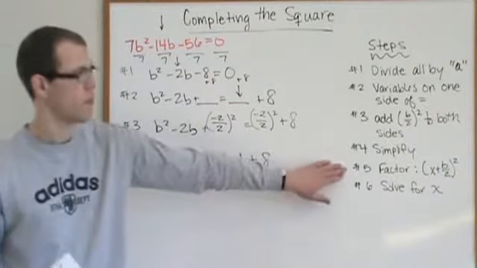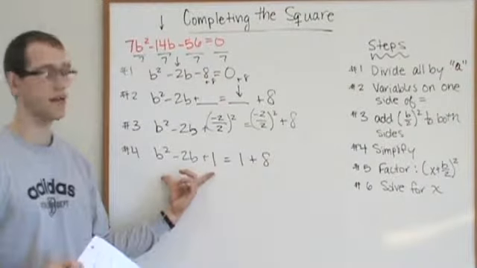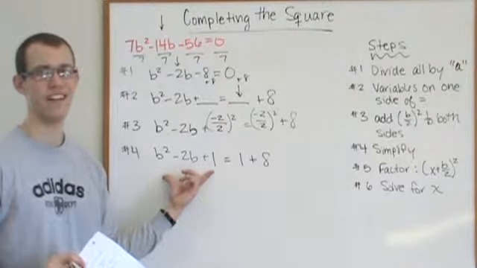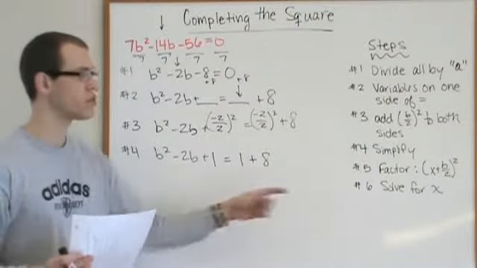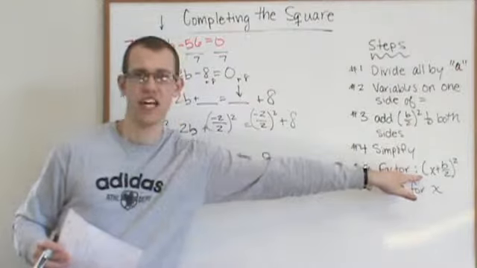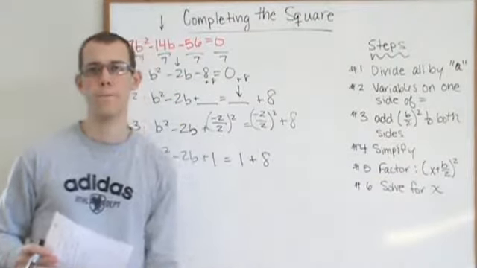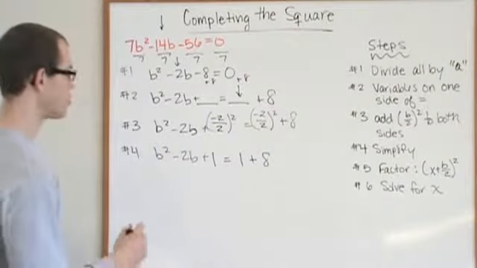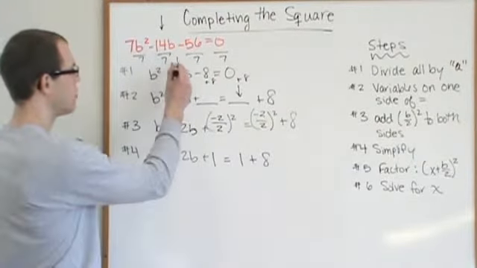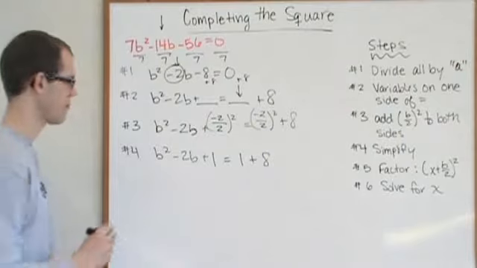Number 5, factor. So you want to factor this part right here, the left side of the equal sign. You can do this by the diamond method, or you can use this really easy trick. It's just x plus b divided by 2 quantity squared. That's what I'm going to use. So I look at what my b value is. It's this negative 2 right there.